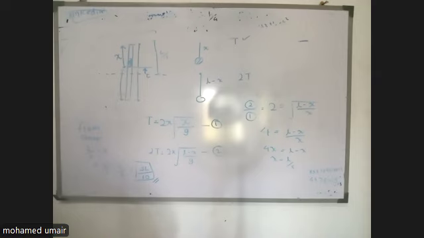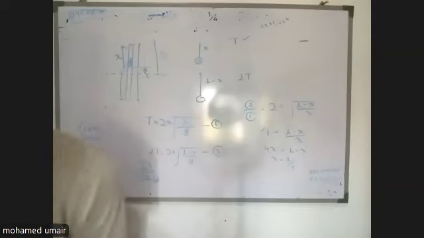And yeah, what happened to the answer? But 12 by 5, right? Was that the approach, or did you make any mistake in between?